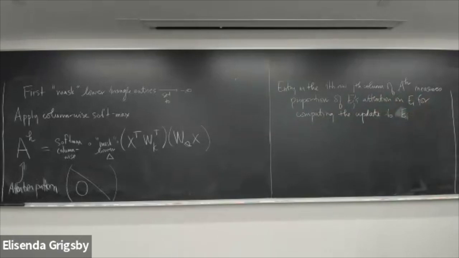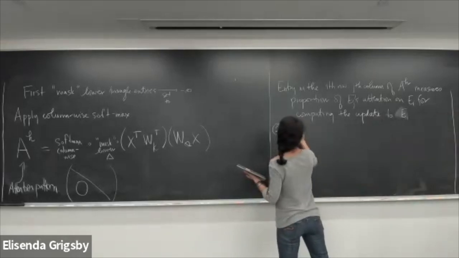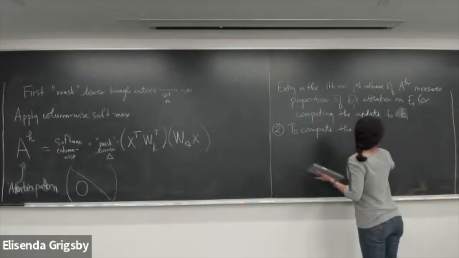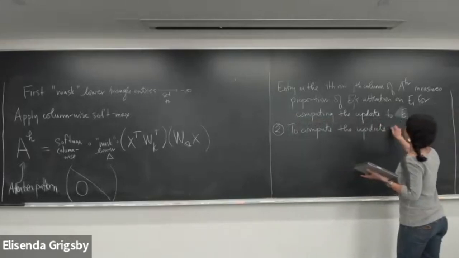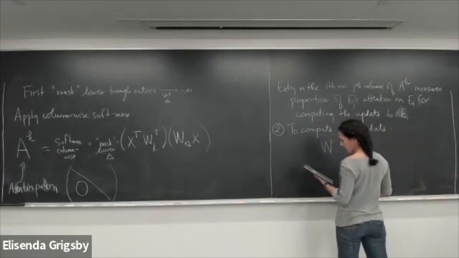Okay, but then what is that update? Well, that's computed by this product of an output and a value matrix. To compute the update, now we have these two matrices that we'll call WO and WV.